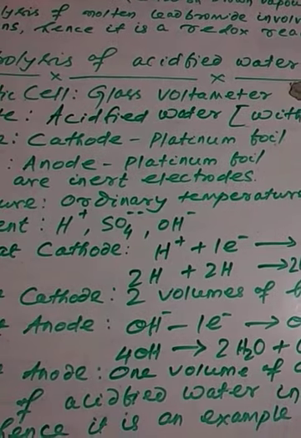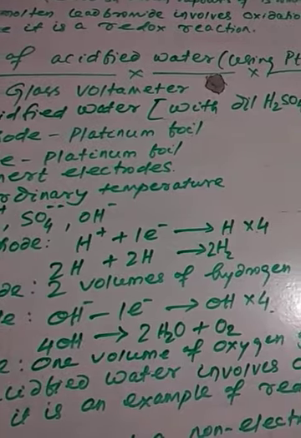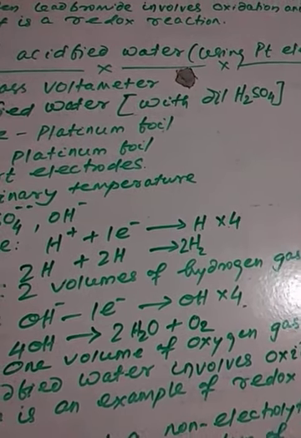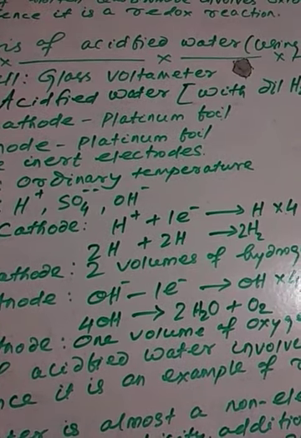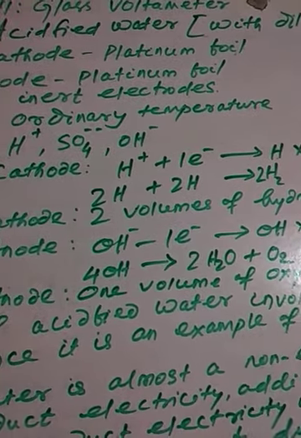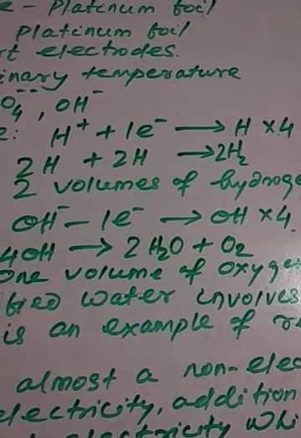The reaction at the anode: OH- loses 1 electron to form OH, multiplied by 4, that is 4 OH. Then 4 OH gives 2 water plus O2. The product at the anode is 1 volume of oxygen gas.